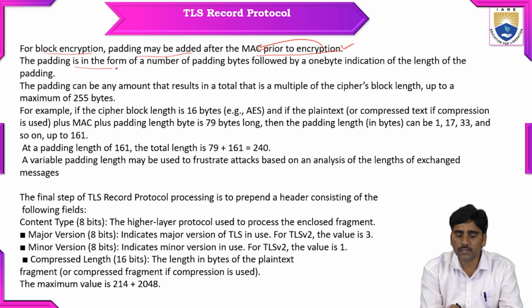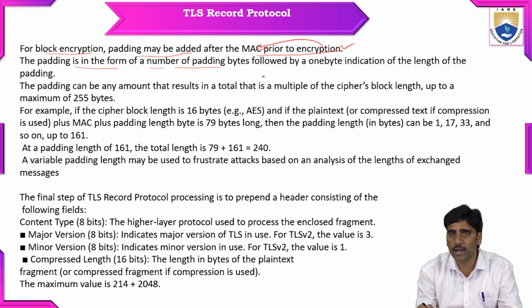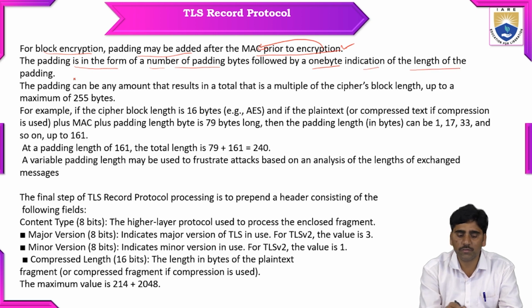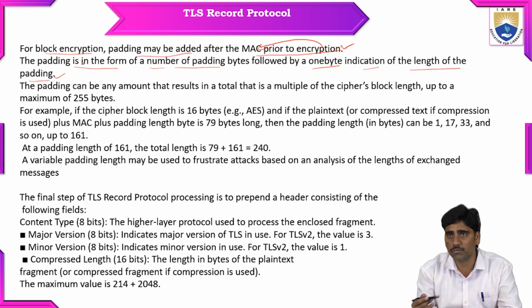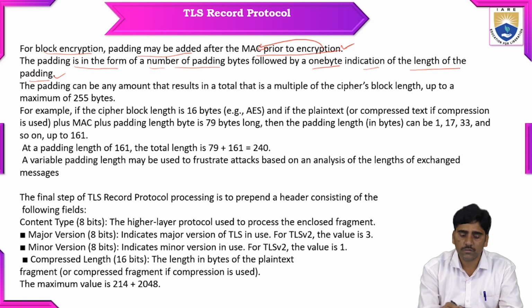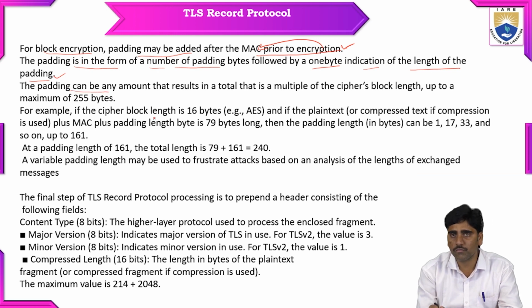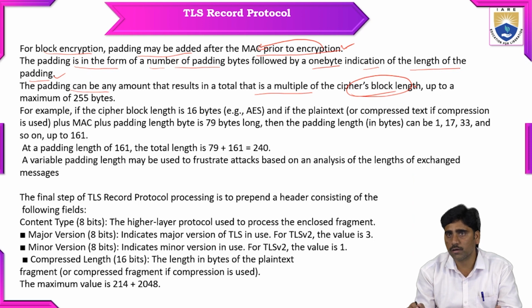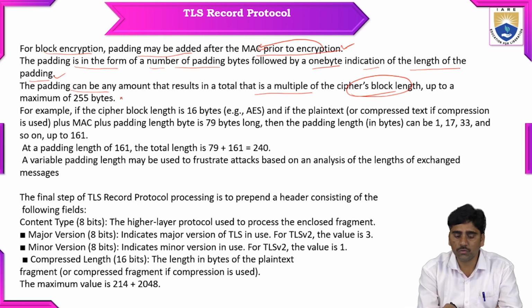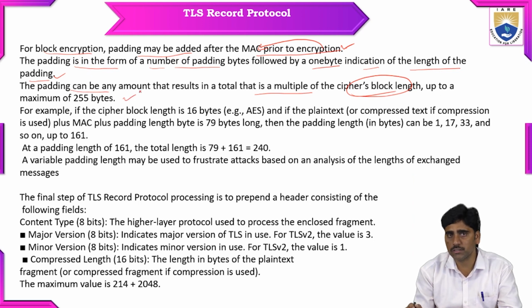The padding is in the form of a number of padding bytes followed by a 1-byte indication of the length of the padding. The padding can be any amount that results in a total that is a multiple of the cipher's block length, up to 255 bytes.